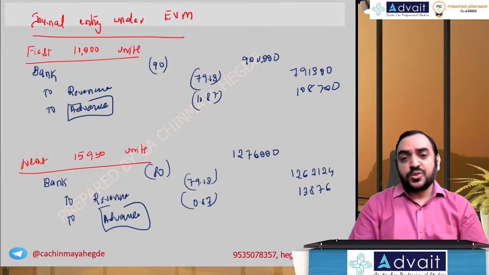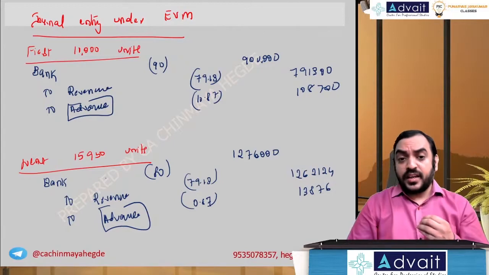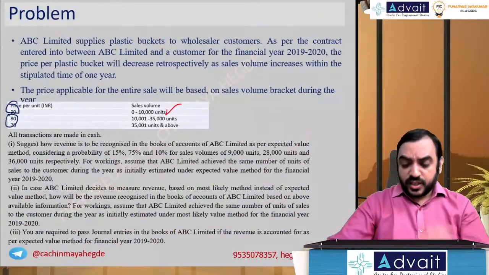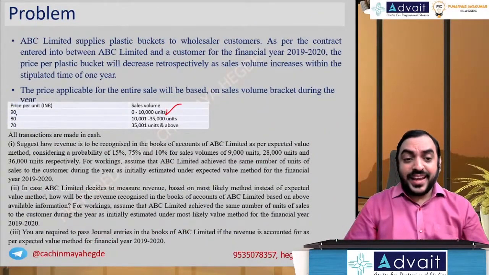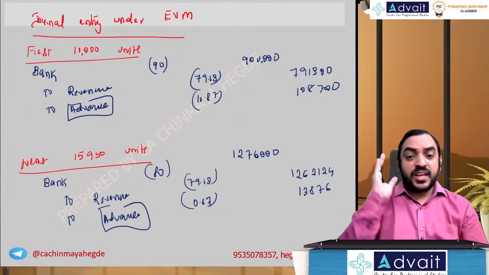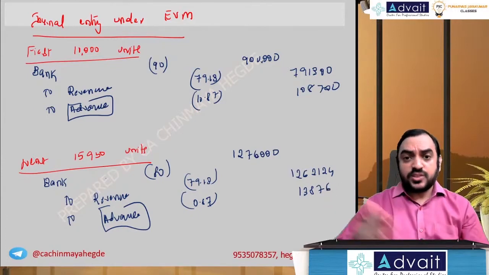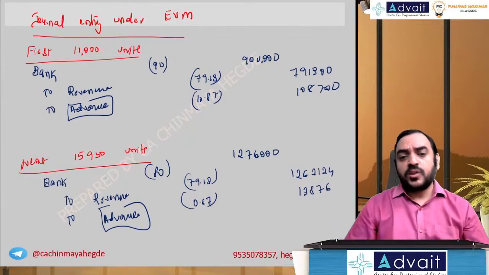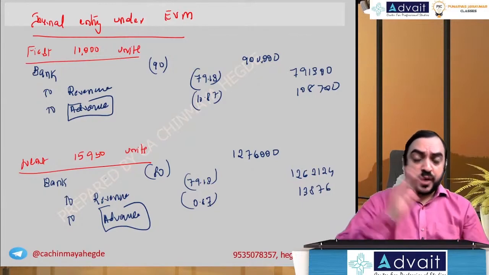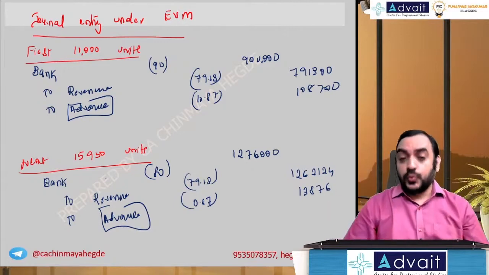We have recognized revenue so far 79.13. But what is the true revenue to be recognized? When you sell the 25,000 odd, it is going to be 80 rupees. So 79.13 revenue already recognized. 80 rupees revenue to be recognized, we will come to know at the end of the year after all the averaging process is over. So from 79.13 to 80 rupees, to that extent we can recognize the revenue.